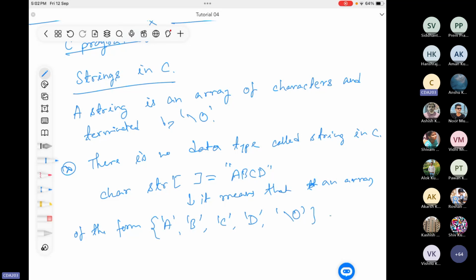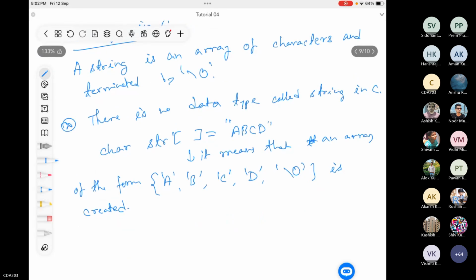So it creates an array having each of these as an element of that array.